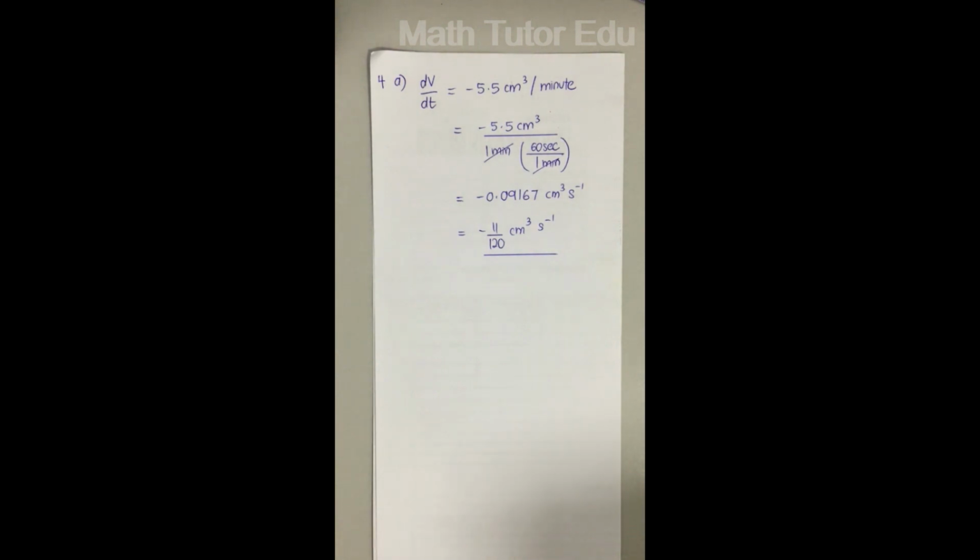So how do we get the chain rule formula? Read the question carefully, guys. They tell us that a block of ice cube melts at the rate of 5.5 centimeter cube per minute. So they gave us the volume of a cube, and from the volume of a cube we can come up with a formula.